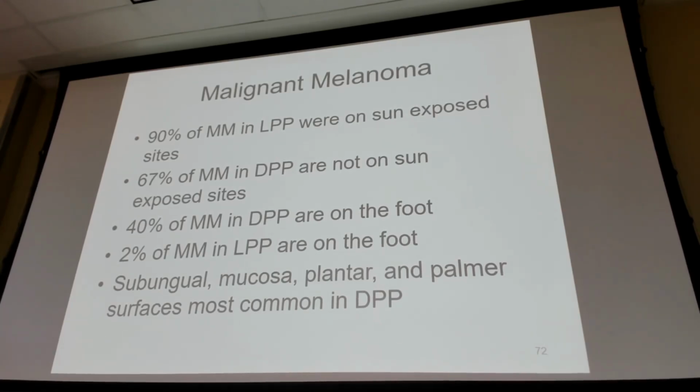Not only can you have those areas, but you can also have these melanomas in dark skin colored people, subungual, mucosa, plantar, palmar. So it's those non-sun exposed areas, the spots that people won't look at.